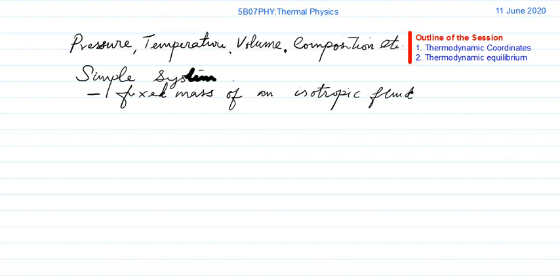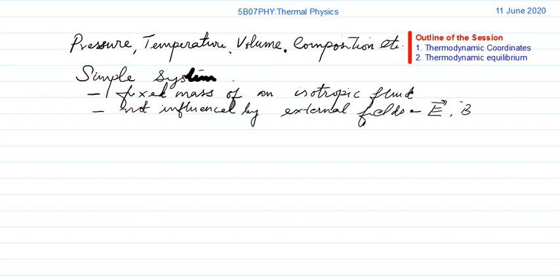So a simple system consists of a fixed mass of an isotropic fluid, and it is not influenced by external fields, like, say, gravitational field, electric field, magnetic field, etc.